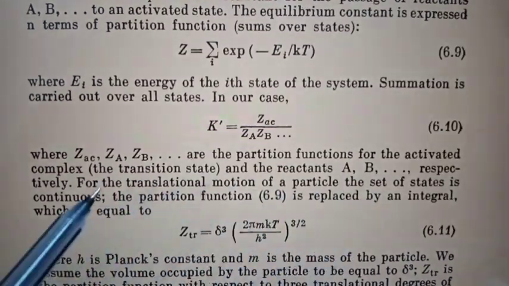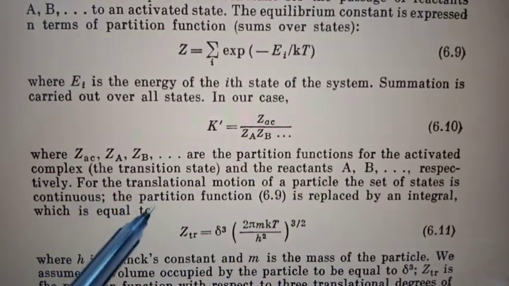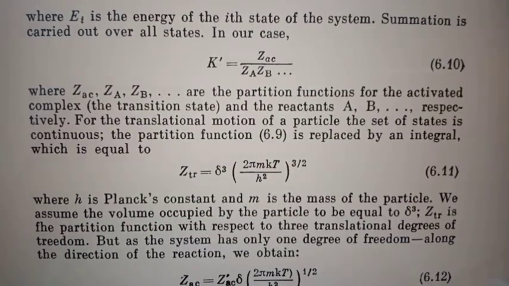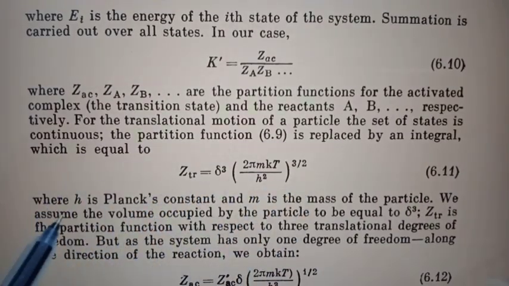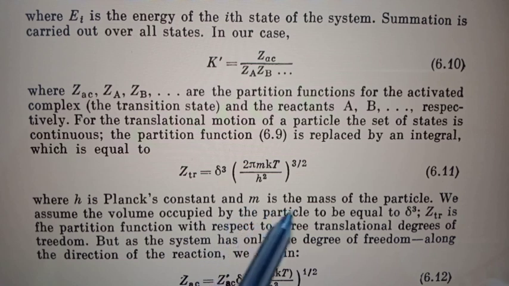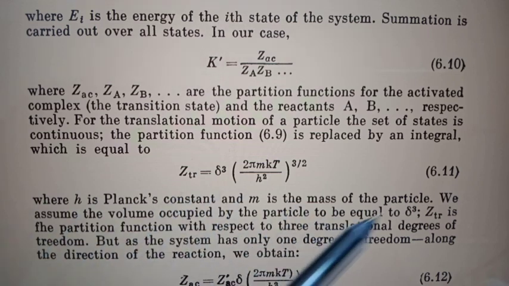For a continuous set of states, the partition function is replaced by an integral, which is equal to this. You can see this equation, where h is the Planck constant and m is the mass of the particle. We assume the volume occupied by the particle to be equal to this.